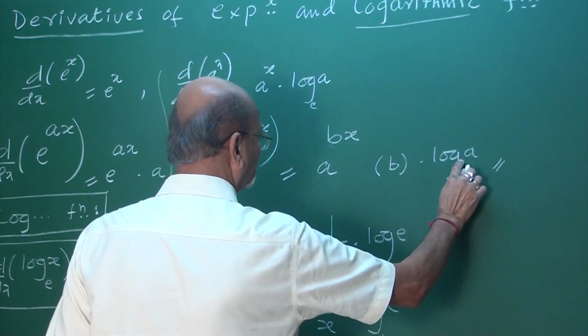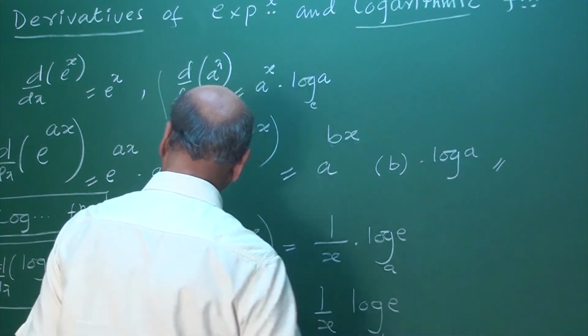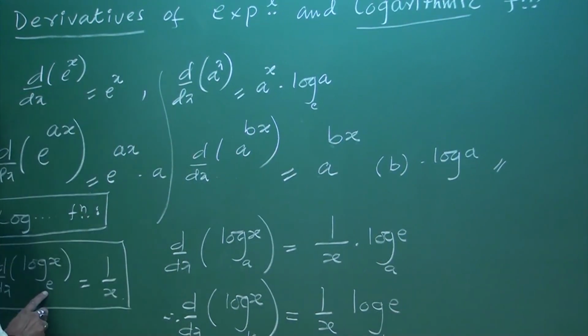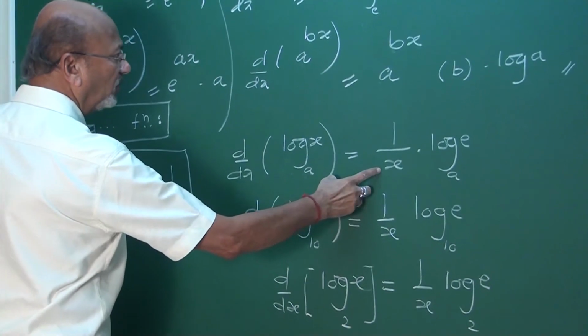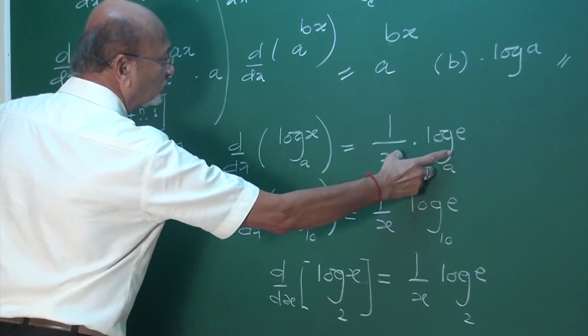Yes, it comes; sorry, I had not written it. Log x to the base e is 1 by x. Log x to the base a is 1 by x into log e to the base a.